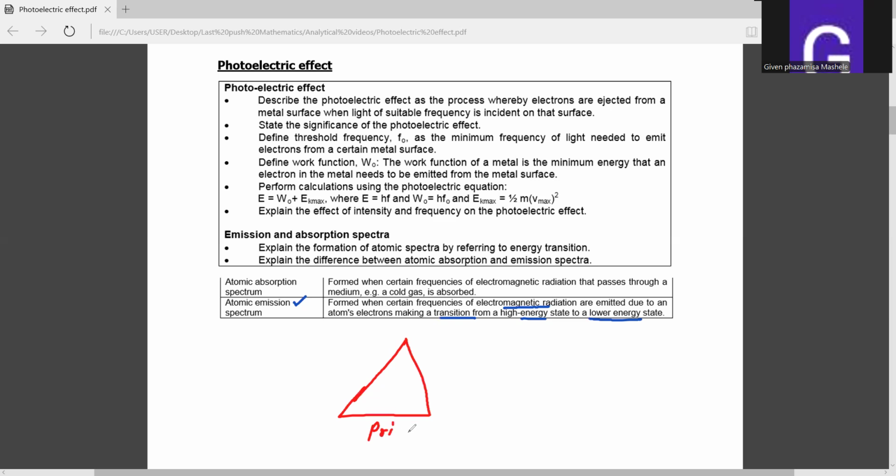If we take visible light, or just a light with no gas in it, or a hot one, and we shine it towards the prism, then according to what we know, when light shines onto the prism where no gas is involved, the light will release the colors of the spectrum, like a rainbow actually. So we'll end up having the colors of the spectrum.